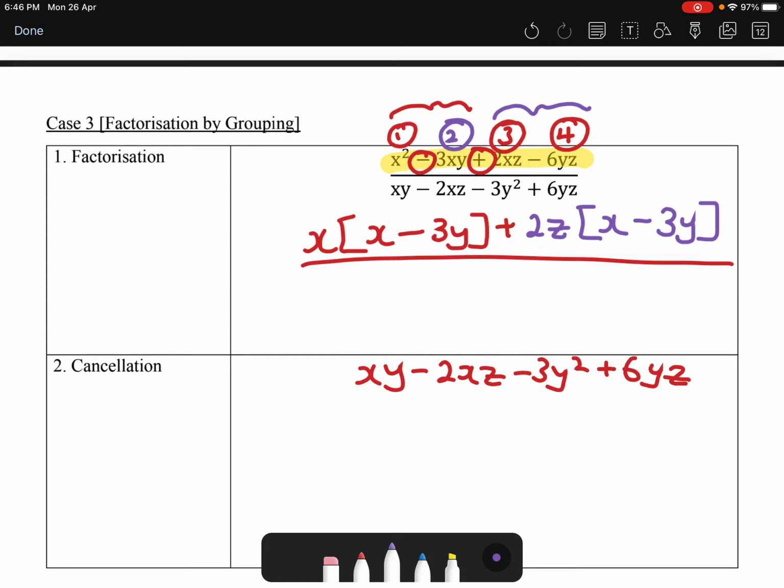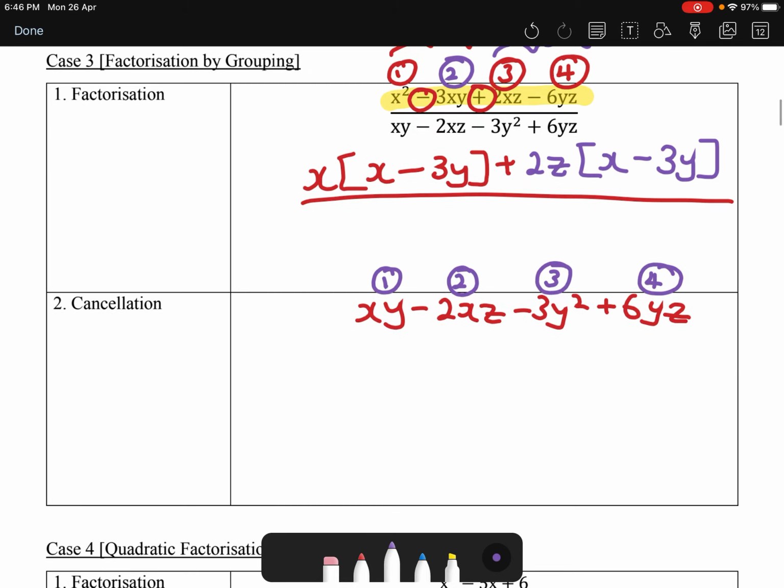Right, so we have the first, second, third, and fourth. So we group the first and second term together. Then we group the third and fourth term together.